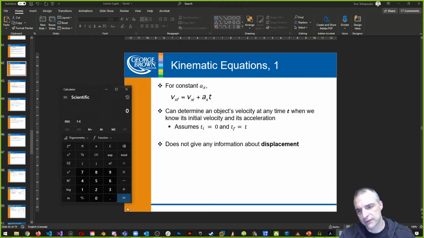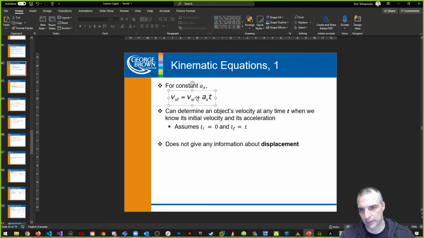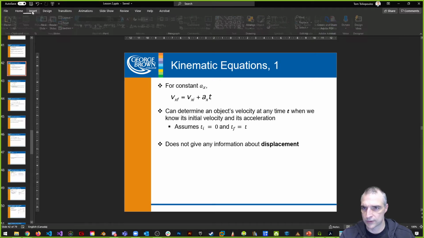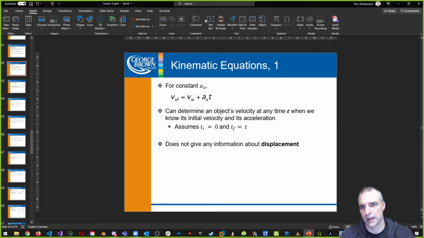So if I say my initial velocity is 20, and plus negative 9.8 times time, I want to find time. So let's sub in the values is what I'm saying. So let's write this equation. So I want to insert a text box.